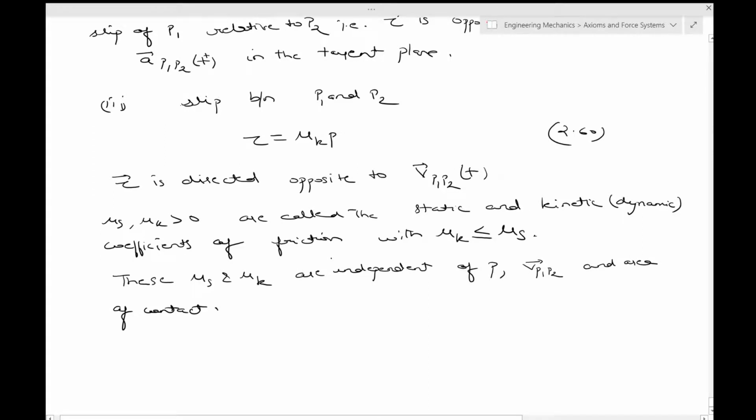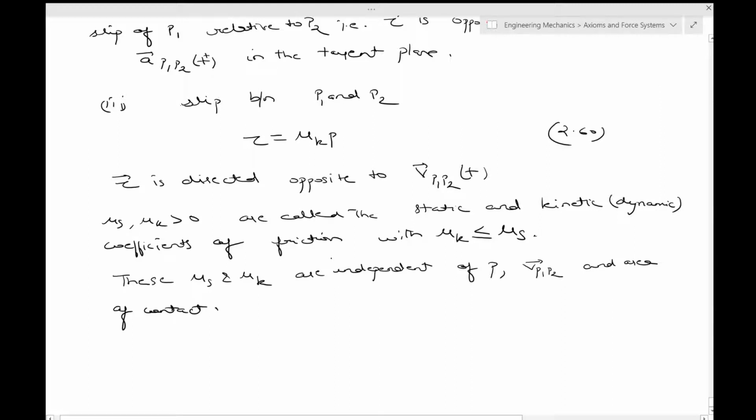So you must have already done problems before where you do not really know in which direction friction acts, and then what you do is you just assume a motion, a relative motion, and friction acts opposite to that intended motion. You apply that, and then you finally check your answer.